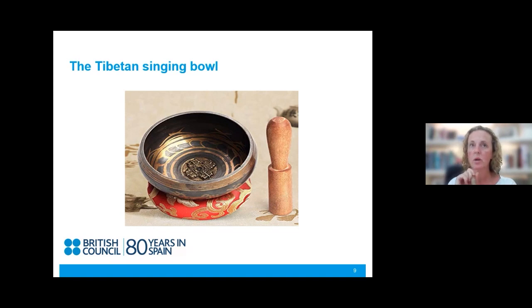I've used it more on a physical level with children, and I'm going to show you a video of how I've used it with a group of my students who were, at the time, seven years old. I'm just going to show you a quick clip from the first time that these students were introduced to the bowl, and they were given a little activity to do.